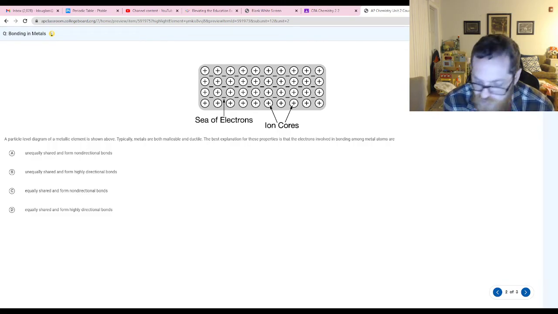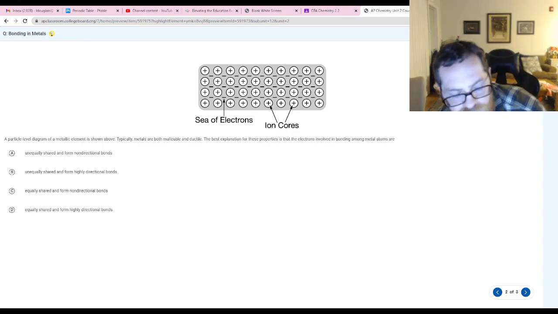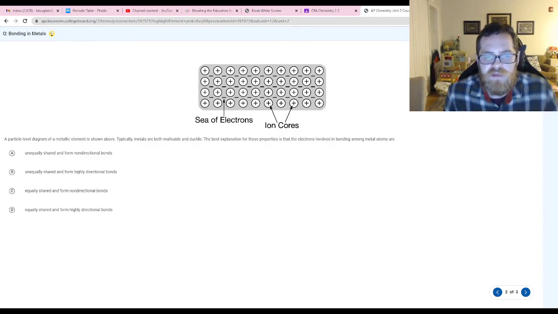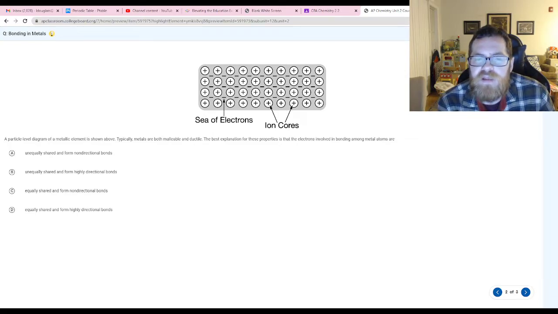For this one, there's one thing that we should note about malleability and ductility. If something is malleable, that means, again, it can be shaped. That means that it's not particularly frail due to being hit in any general direction.